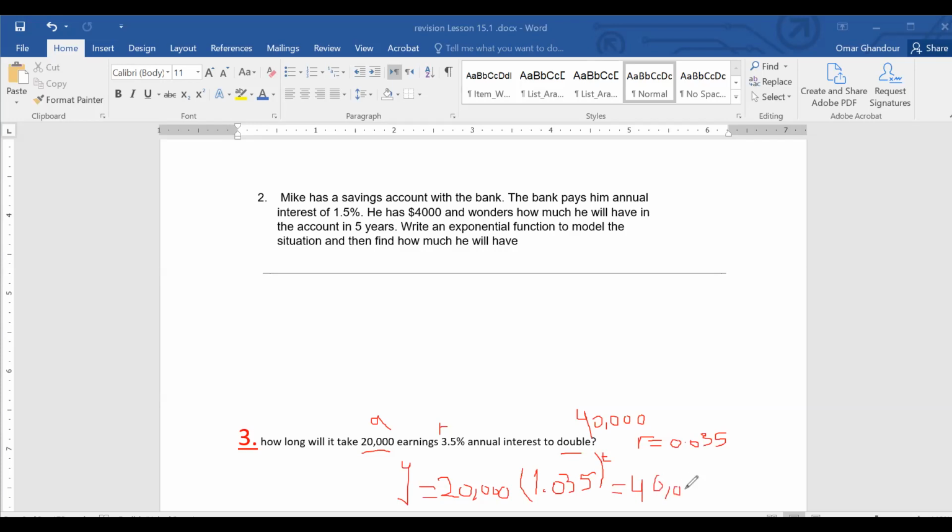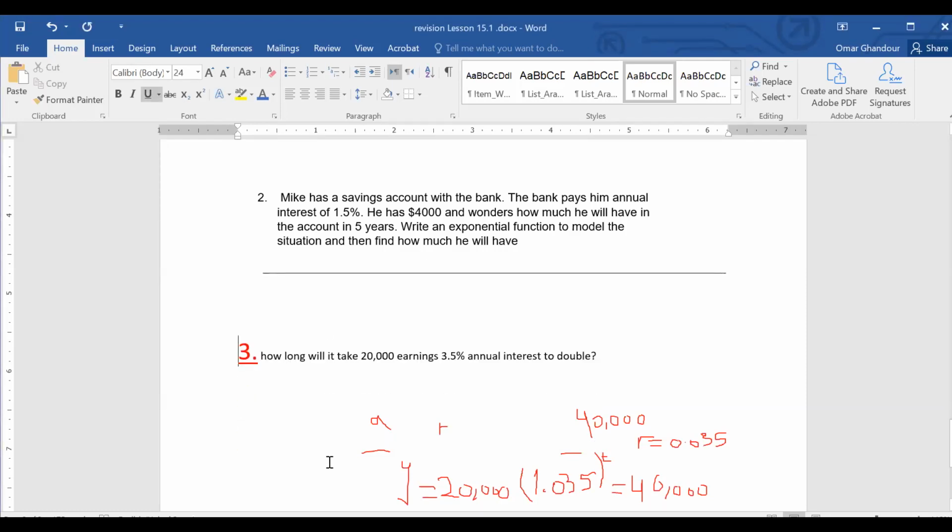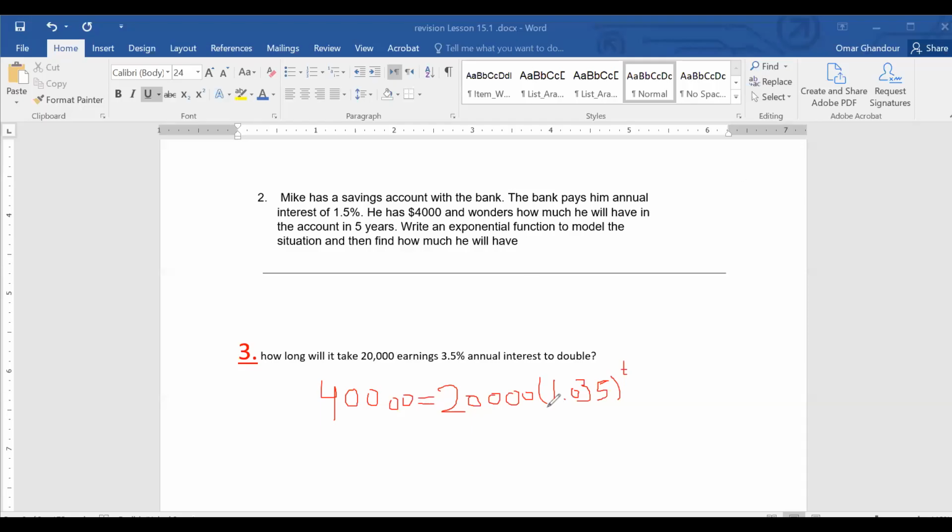So as I did in the first question, to make it simpler, 20,000 and 40,000, how can I get rid of this? To make it simpler for myself, let's divide here by 20,000 and let's divide here by 20,000. Can I remove 20,000? Yes.